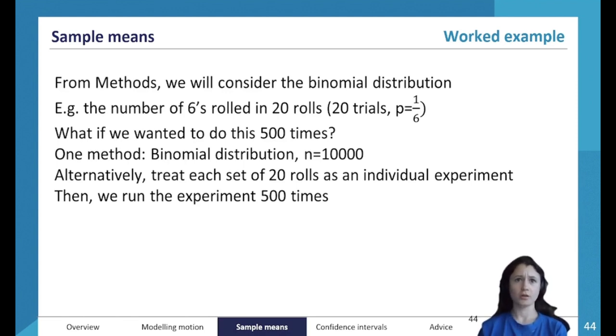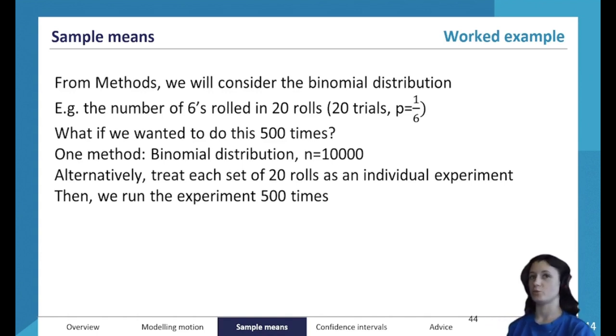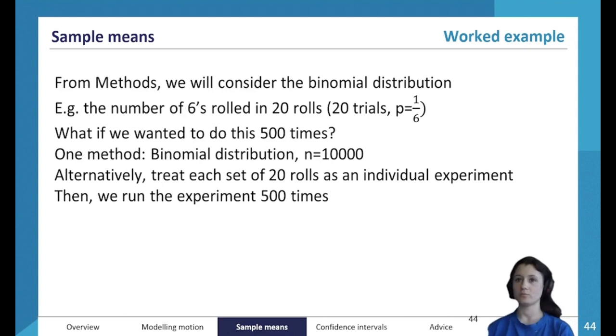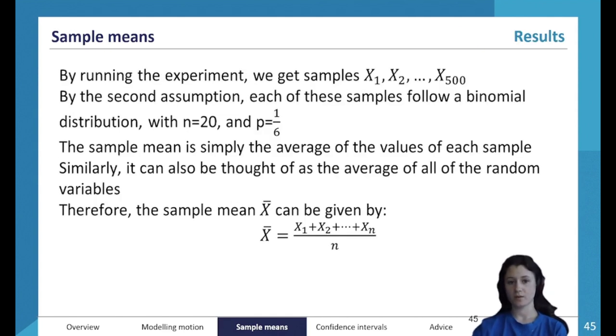Alternatively, instead of treating it as a binomial distribution, you can treat each set of 20 rolls as an individual experiment and run the experiment 500 times. If you do that, we have 500 samples, and each of those samples follows our binomial distribution.